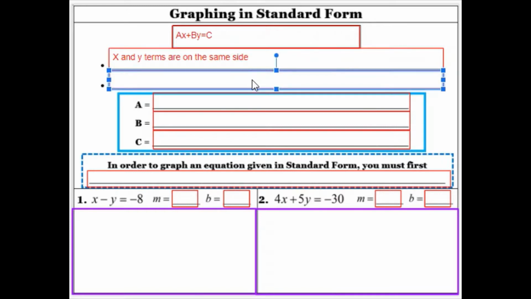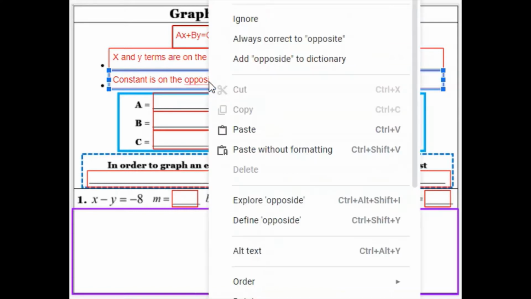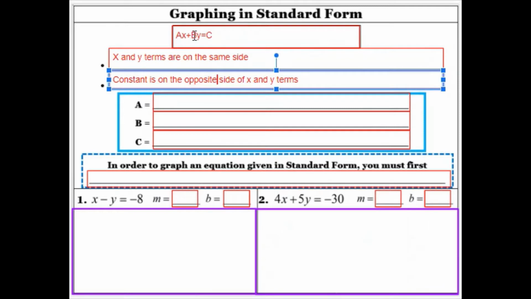And the constant is on the opposite side of x and y terms. So you've got your x term, your y term on the same side, and then equals your constant term.